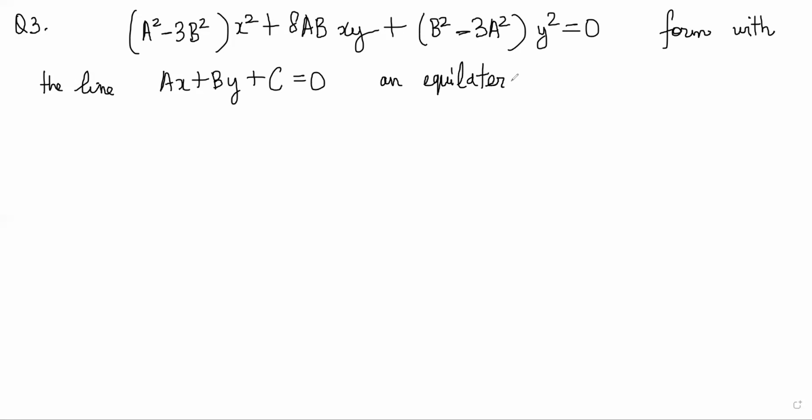They form an equilateral triangle with this line, and the area of the triangle is c square by root 3 times a square plus b square. So we'll come to the area part later.